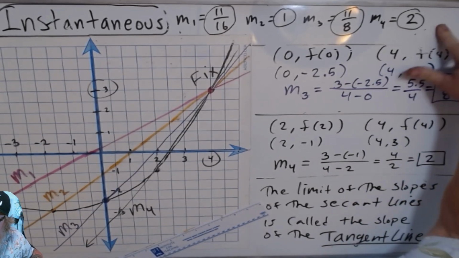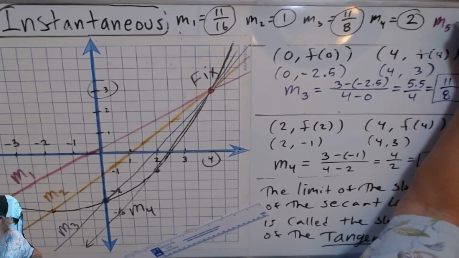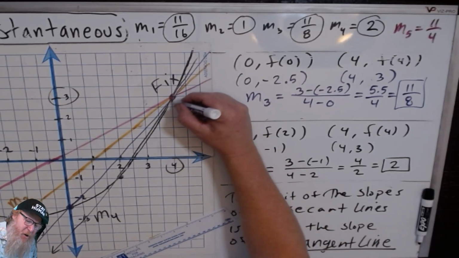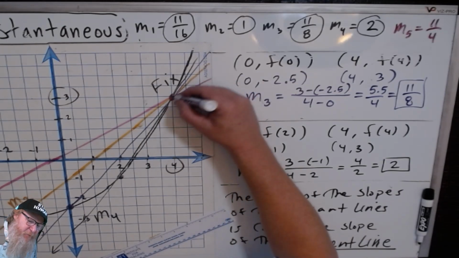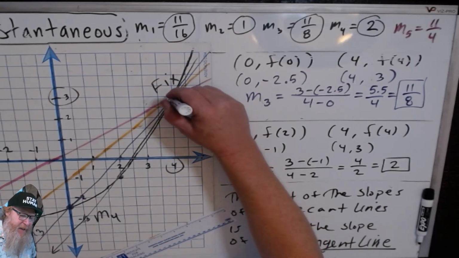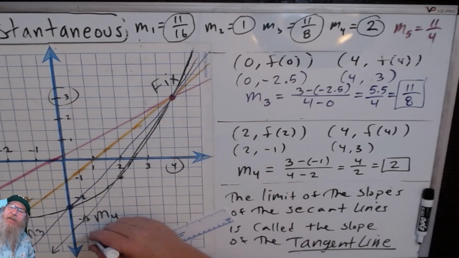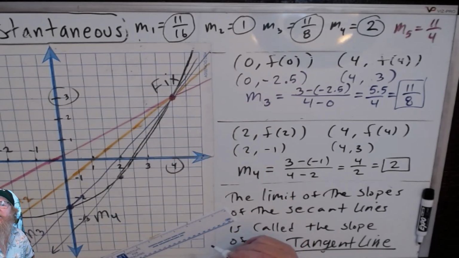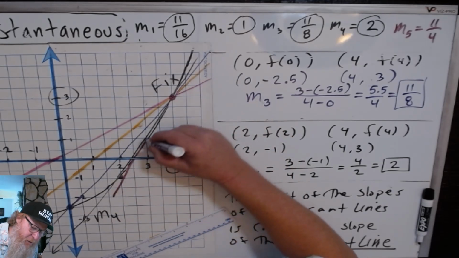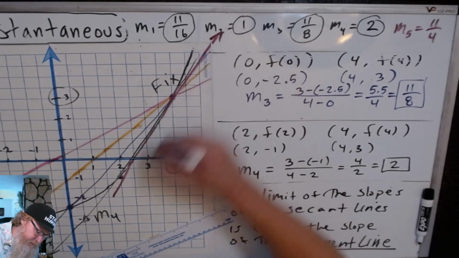If I did M5, I'm going to spare you the details, but the next one would be 11/4. And that is so close. If you draw this line, 11/4, think about what that means. That means it's going down 11 and over 4, right?